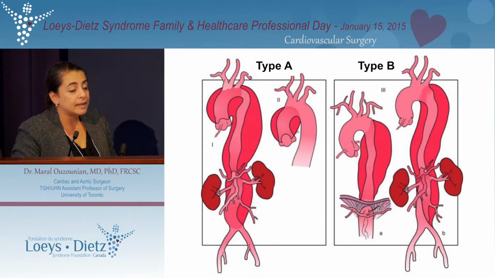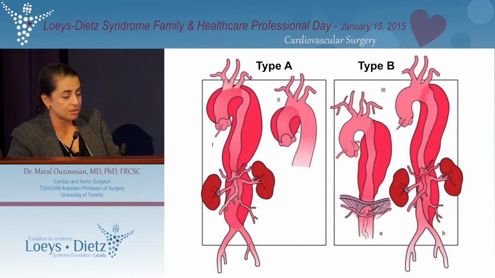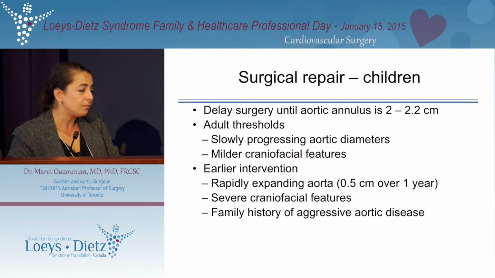If it's rapidly expanding, we would consider an operation, but if it's stable, then those with type B dissection, involving the descending or entire descending and abdominal aorta, we follow and operate on for the same indication as for an aneurysm. So we would follow and monitor for size, and it's not the dissection itself that prompts us to operate.